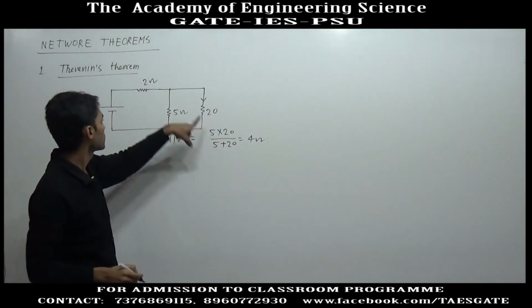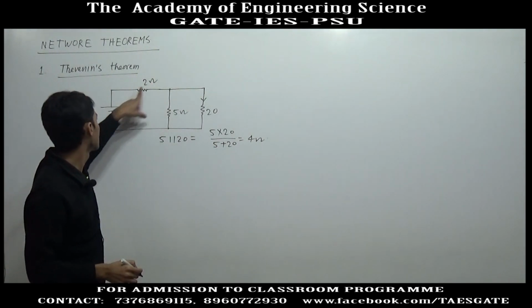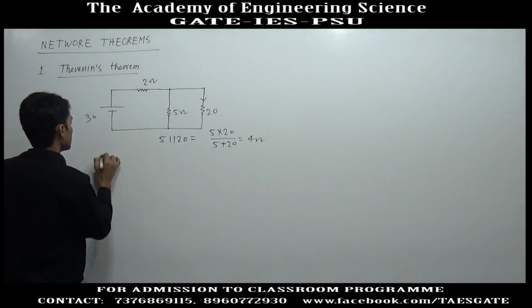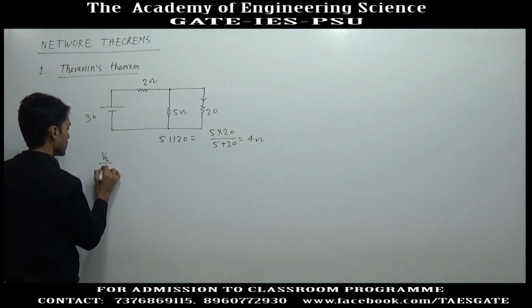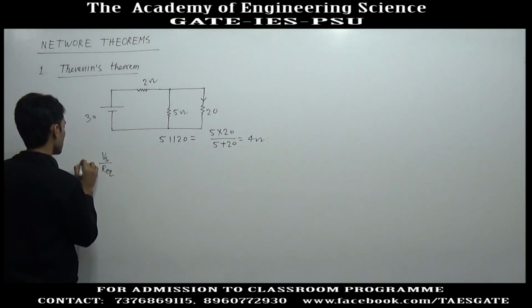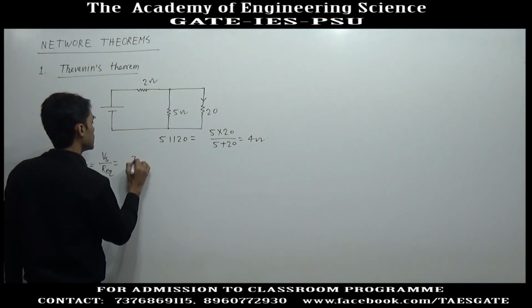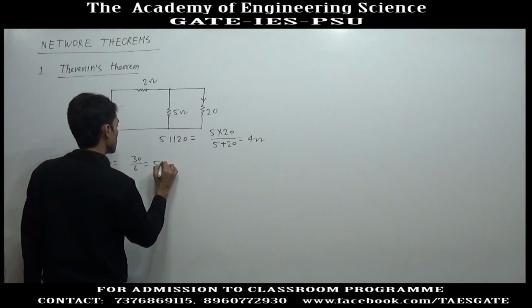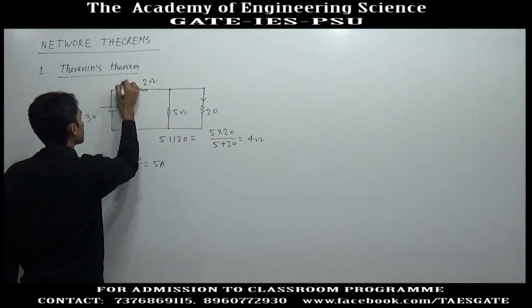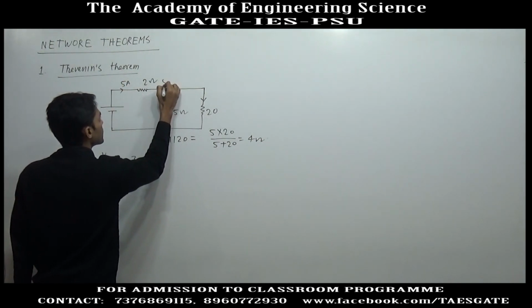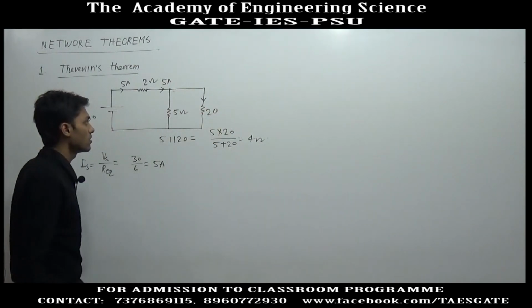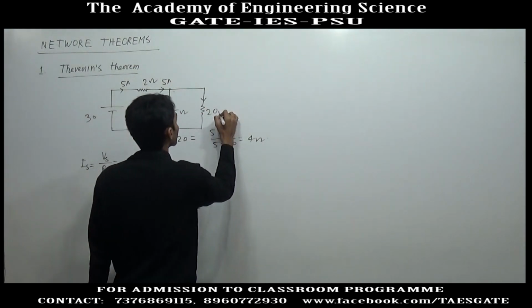So this is 4 and 2, 6. So the current supplied by the source is equal to 30 divided by 6, 5 ampere. So this will supply 5 ampere current, and 5 ampere will get divided into the 5 ohm and 20 ohm.